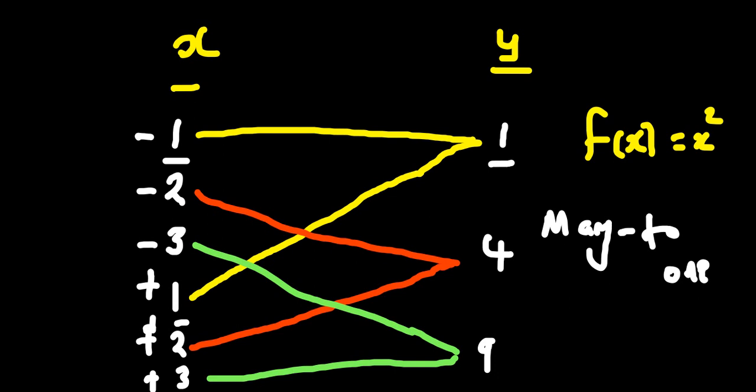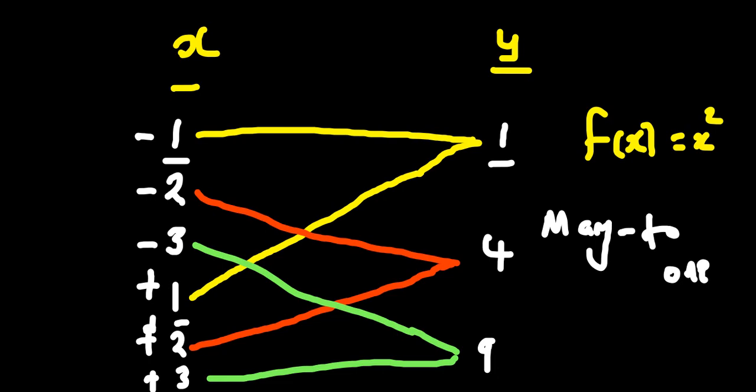In this case, -1 squared is giving you 1, +1 squared is also giving you 1. Two x values are giving you one output value. So this is a many to one function, and this relation is a function.